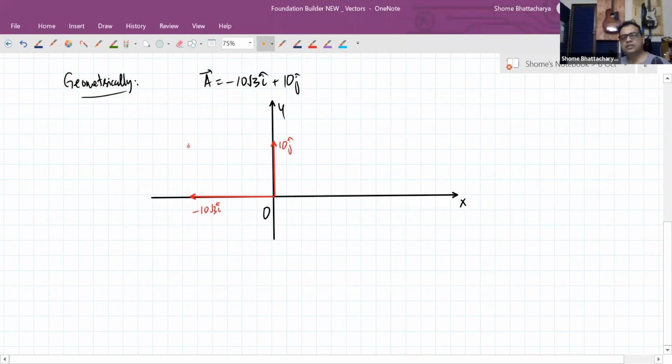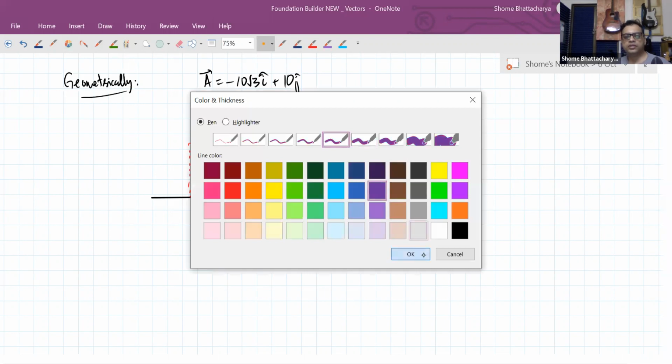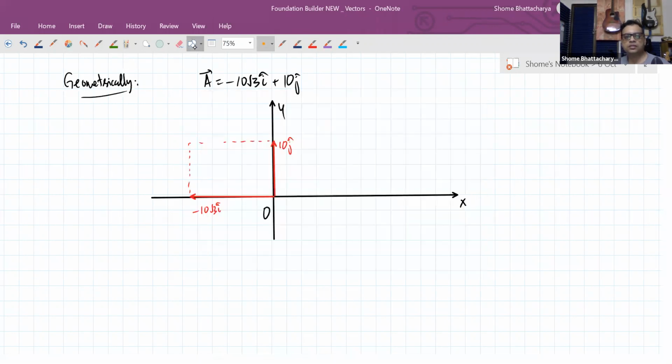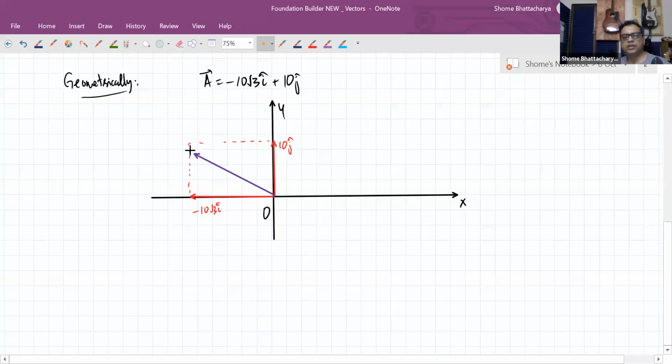Their vector sum would give us the vector A, like this. This is the angle theta that we are looking for.